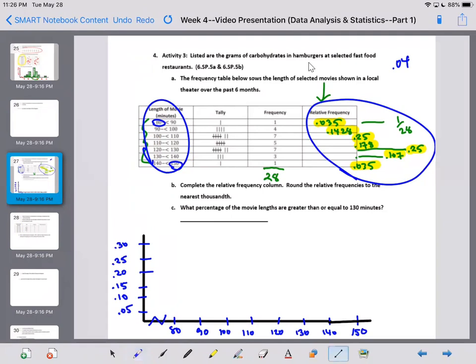And then from there, we build our histogram bars. So from 80 to 90, we saw that there was 1, and that was 35 thousandths. So just a real small bar there. 90 to 100, we saw that that was almost 15 hundredths, not quite.